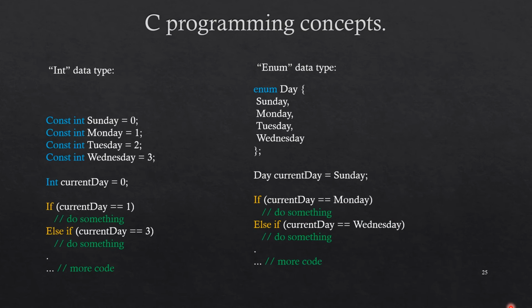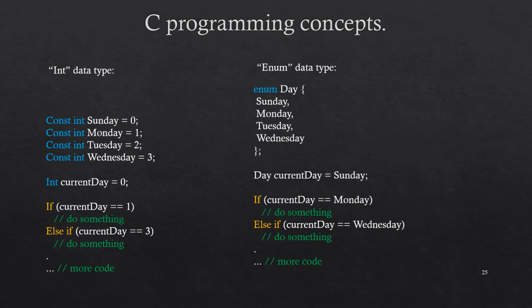Now let's take a look over some C programming concepts. On the left side here, we have the usual integer data type that we have been using. So in this example, we are checking if today is Monday or Tuesday or Wednesday, etc. And we need to do something for each day.